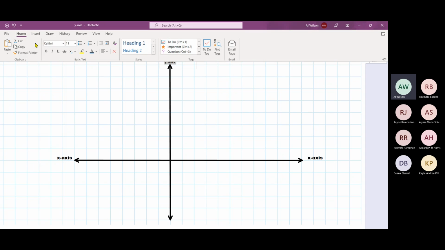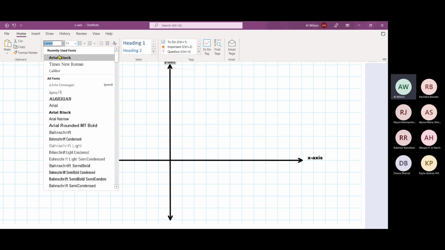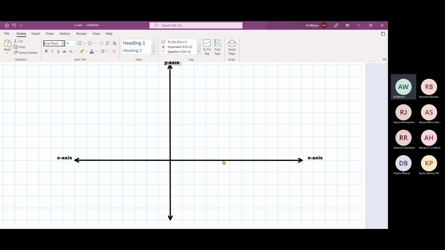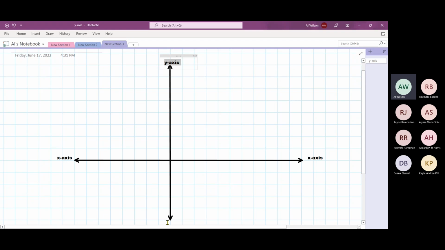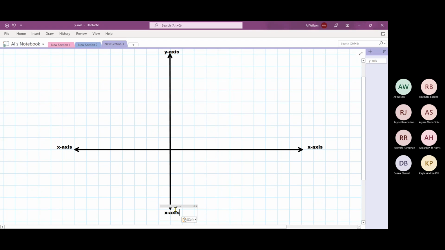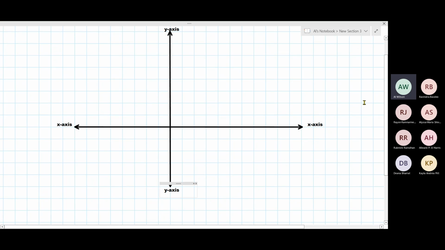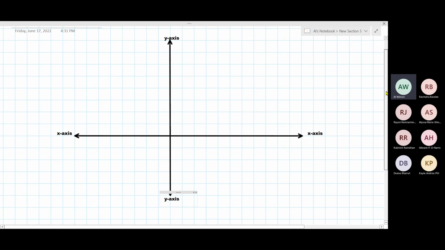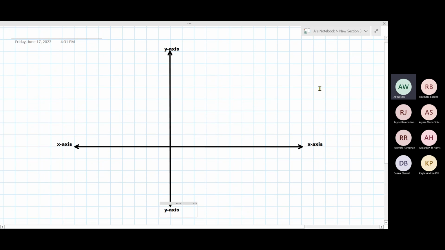So that would also tell you that at the top there is your y-axis, and also the bottom here would be your y-axis. Just expand this now. So here we have our x-axis and our y-axis.